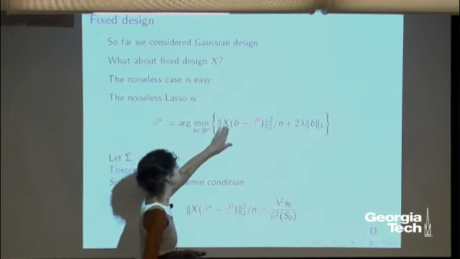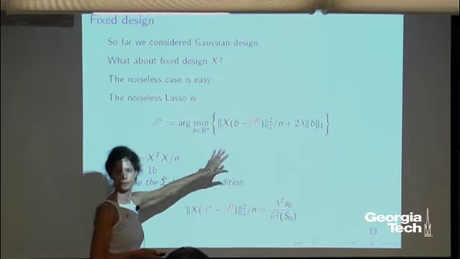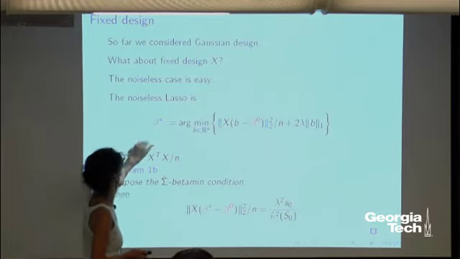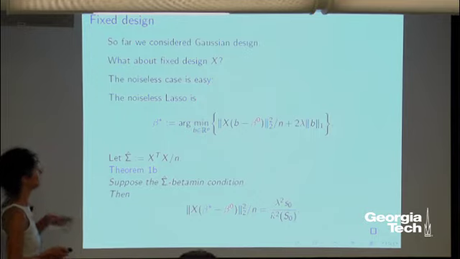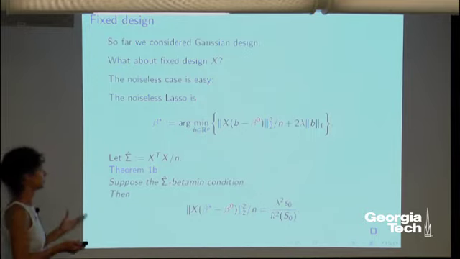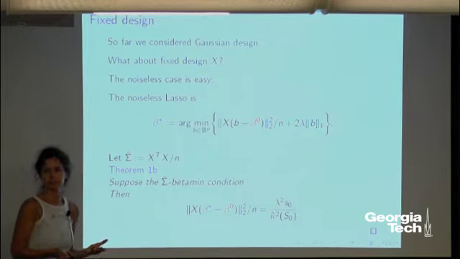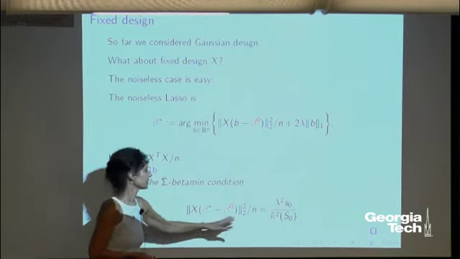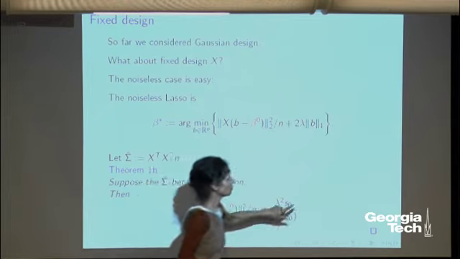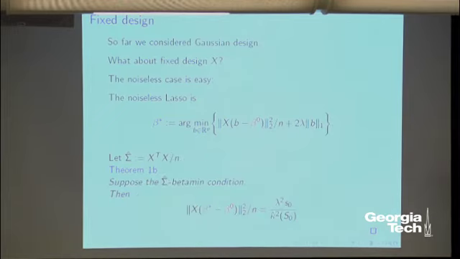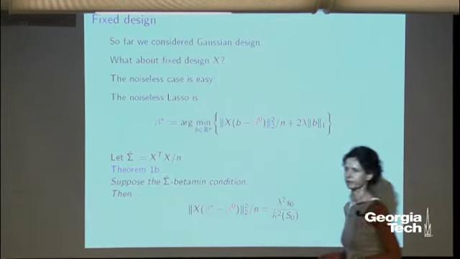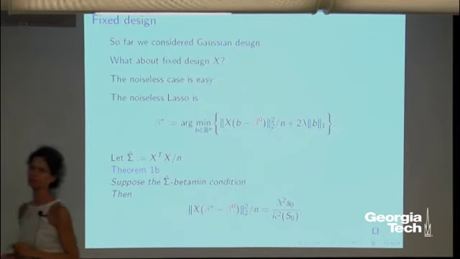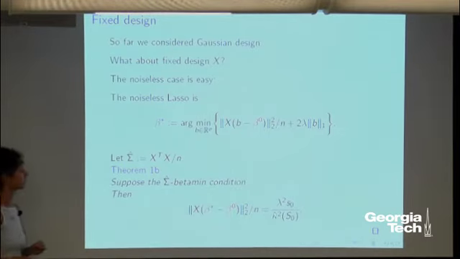So this is now a fixed matrix, so everything is deterministic here. And then you have to change nothing. You can apply the previous theorem. It's just a different notation. So you can get the same result, but now the definition is with this matrix. It's just a different matrix there. Okay. So for the noiseless case, we are done.